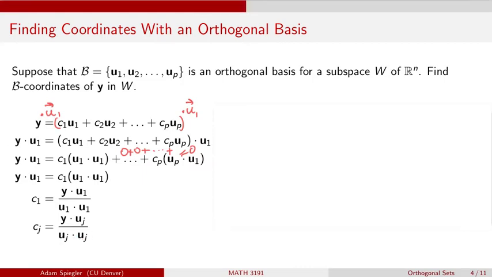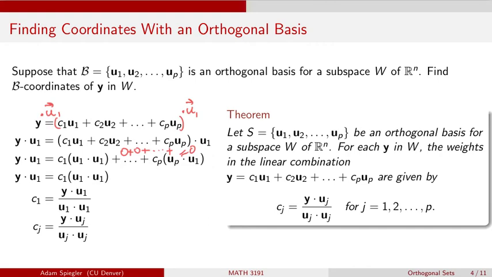So this is a really nice theorem that we can summarize on the right, which is namely, if S is a set of p vectors u1, u2 up to up that we know is an orthogonal basis for the subspace W, then for any vector y in subspace W, we can find the weights in the linear combination of vectors from our set S that will give us vector y.